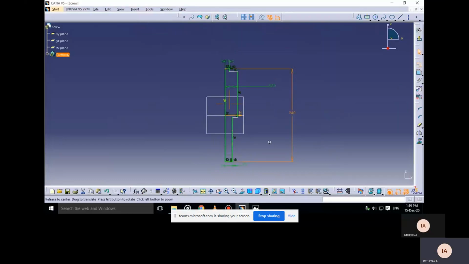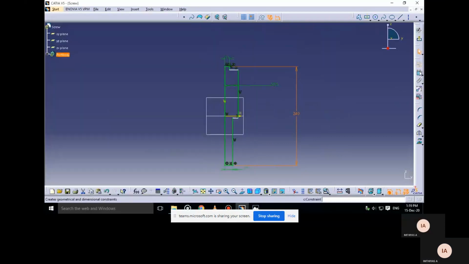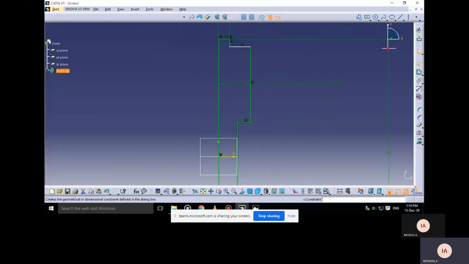We'll make it symmetric to the axis. And from the top it is 83. Then from here, that dimension is 12.